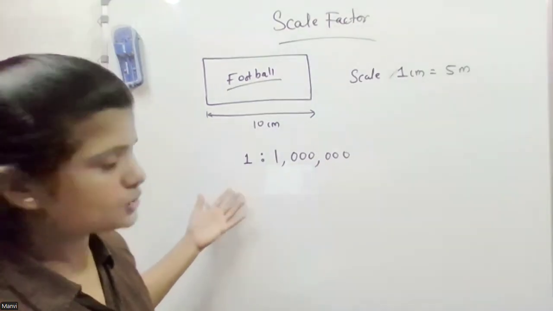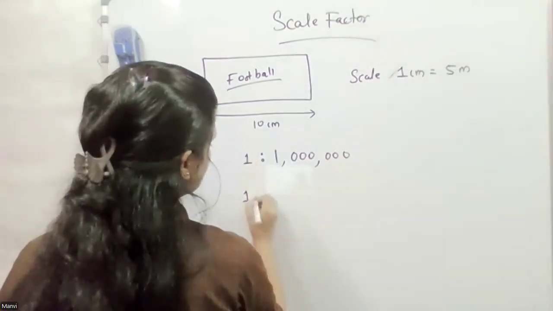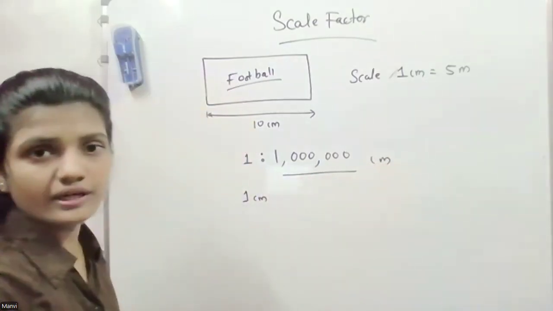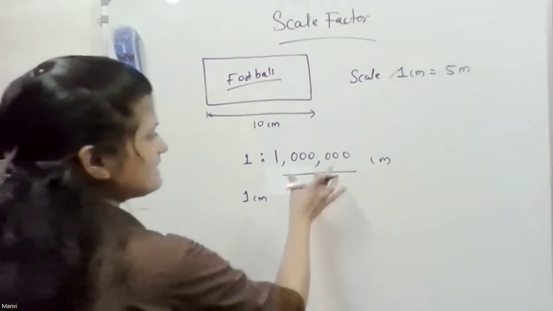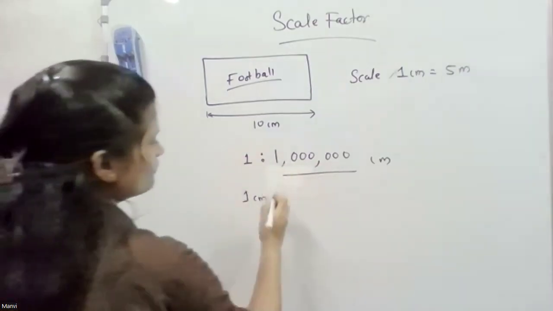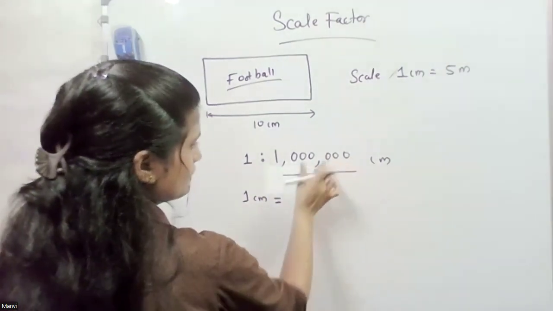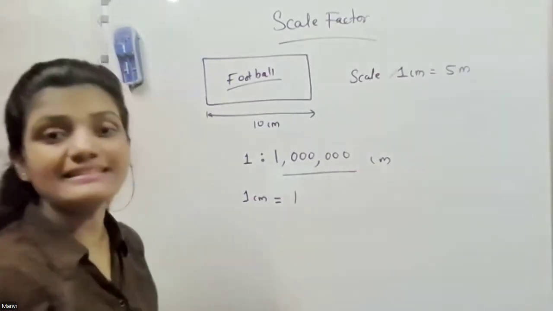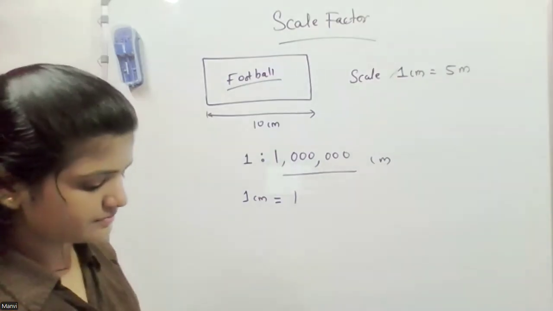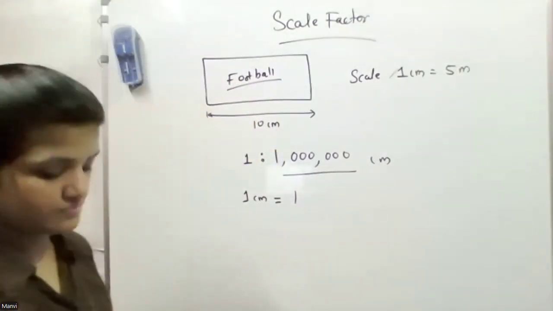Put centimeter on both sides: 1 centimeter denotes this many centimeters, and we can easily convert those centimeters into kilometers. From this scaling, we conclude that 1 centimeter equals 10 kilometers.